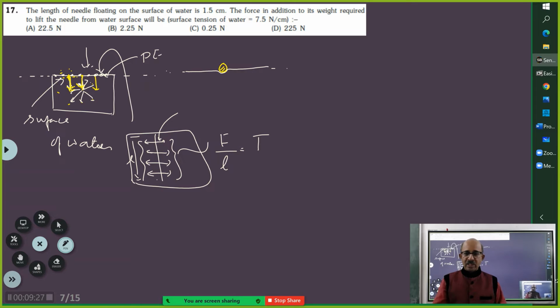And in the process of making the surface area small, it will stretch itself. See, now if I have a surface of glass and I put a drop of water here, the drop of water should have spread across like this. Then the area is so much.